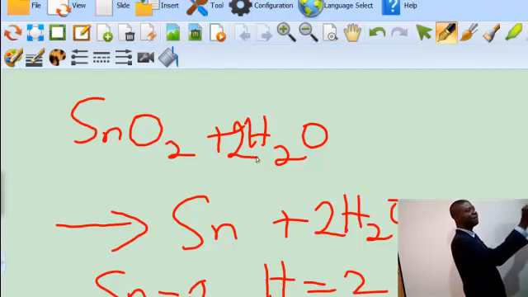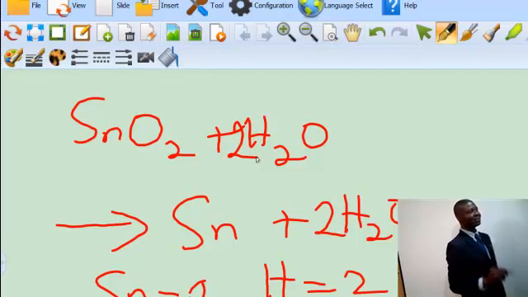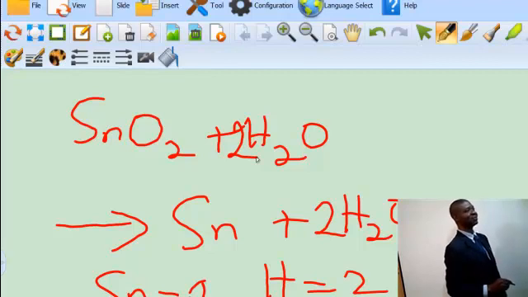But still, we have 2 plus 2. We have 4 hydrogen here, and we have 4 oxygen at the left-hand side, and we still have 2 at the right-hand side. Still, we need to do something about this in order to have a balanced equation. So, what do we do?